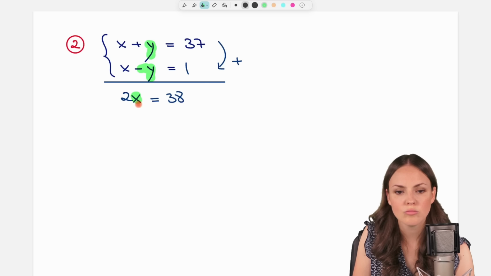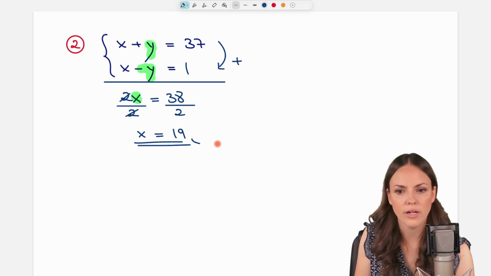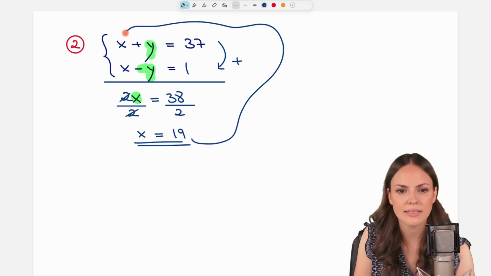To solve for x, same thing, let's get rid of the 2. Let's divide both sides by 2, so that x is equal to 19. Okay, let's find our y by taking the x and inserting it into the first equation.